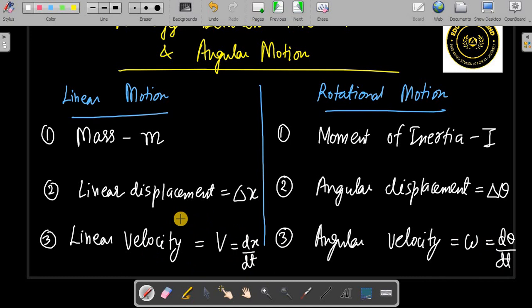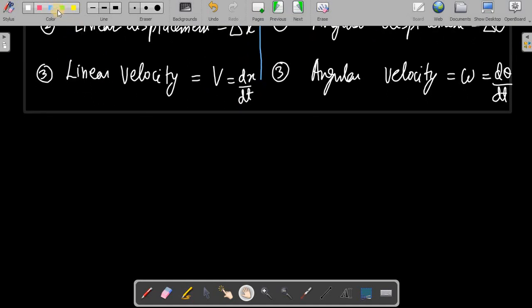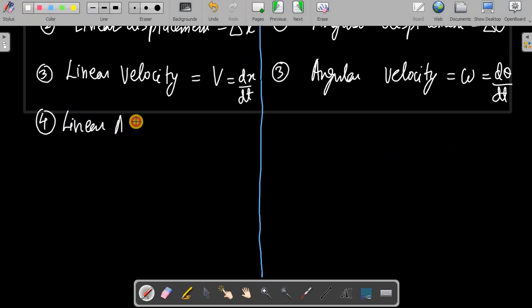Right? So many analogies will come. Let us write more analogies. Let us add a lot of analogies in the list. Linear acceleration, you know that is a, which is dv by dt.